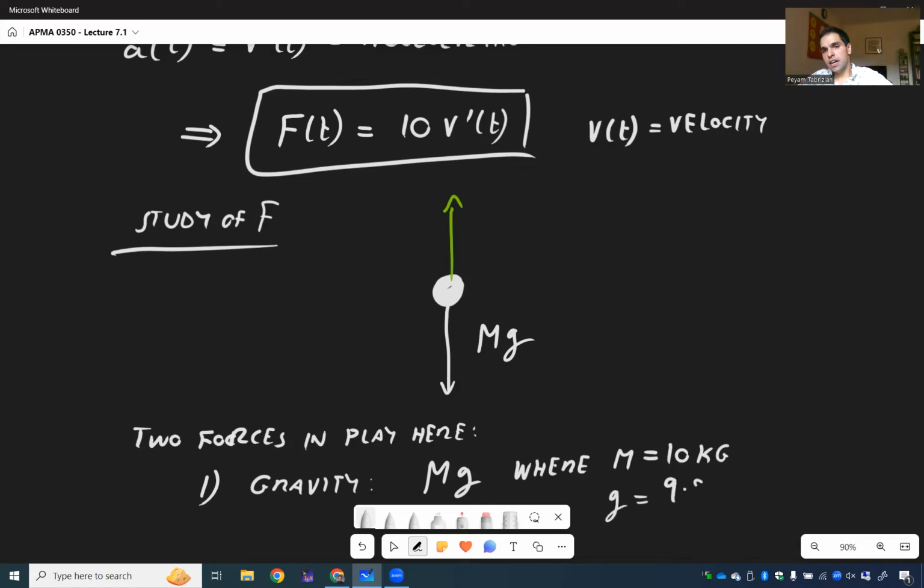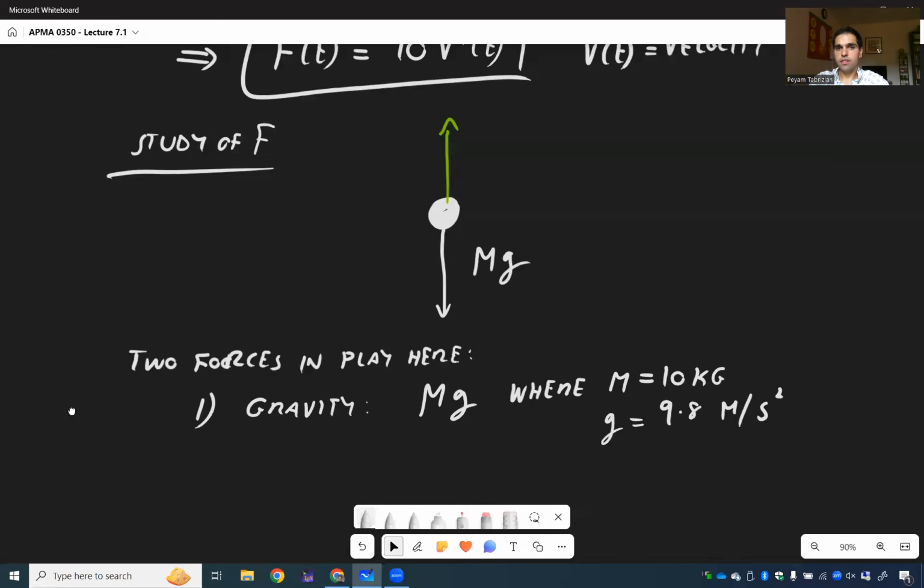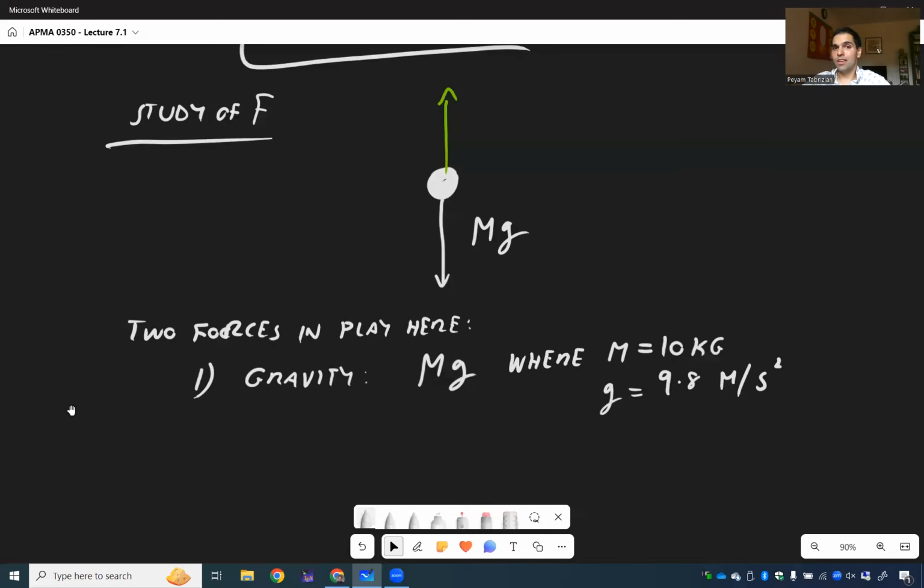And g is 9.8 meters per second squared, which is what's called the gravitational constant. Which makes sense because, well, the heavier the ball is, the faster it falls. And also, well, on the moon, for instance, with a different gravitational constant, the ball doesn't go down as fast as before. Okay, and you don't need to know the formula mg, that would be given to you.